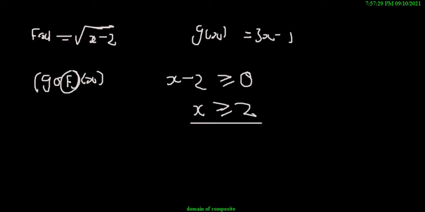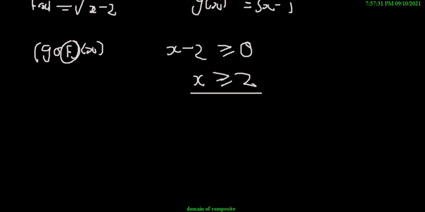This is our first part, and then we see if this will work in g of x. Remember, when finding gof, we put f of x in g of x, so it is 3 root of x minus 2, minus 1.